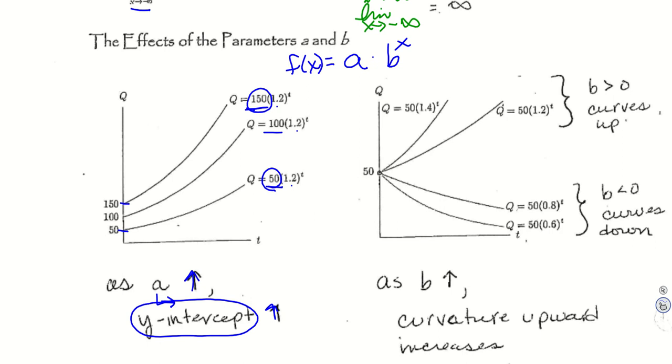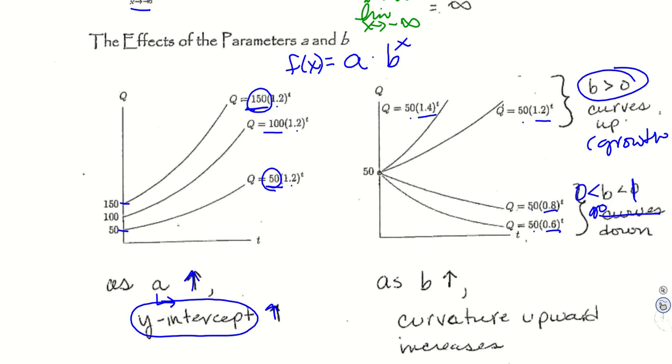On the other side here, what we have are functions that have the same a, but they have different b values. When b is greater than 1, the graph is going to curve up because we have growth. When b is not less than 0, but less than 1, still bigger than 0, it's still curving upwards, but it's going to go down.